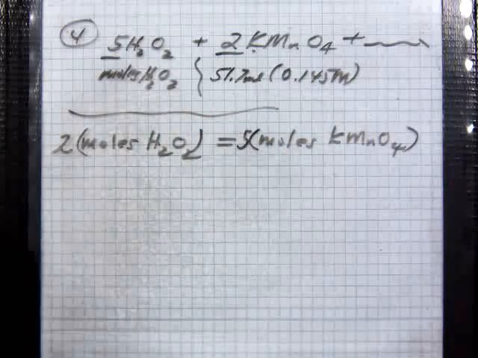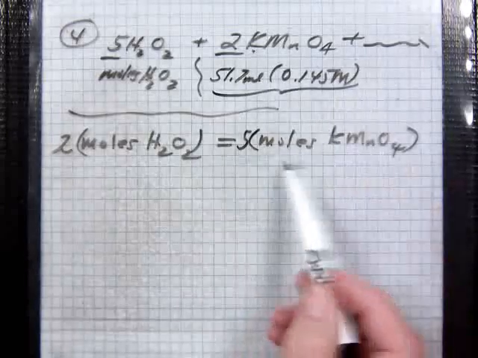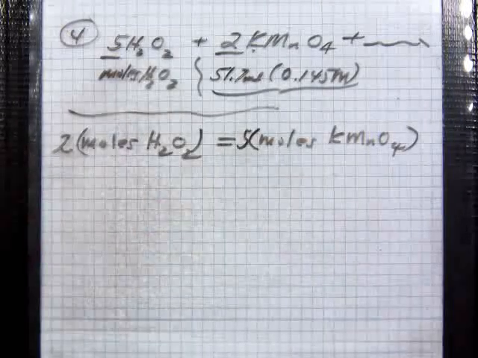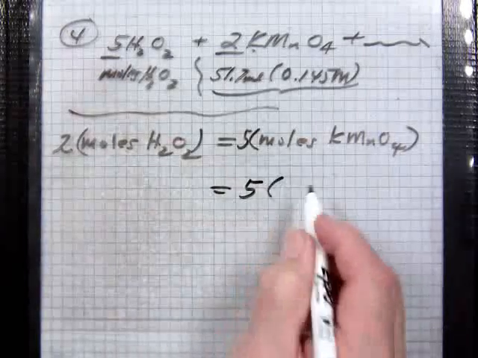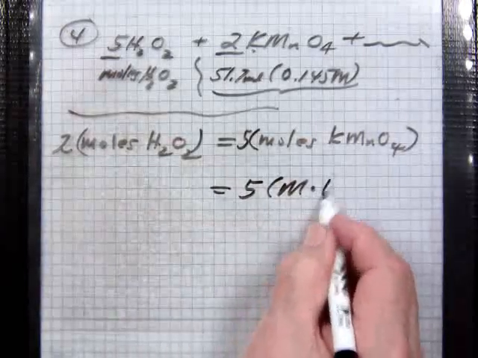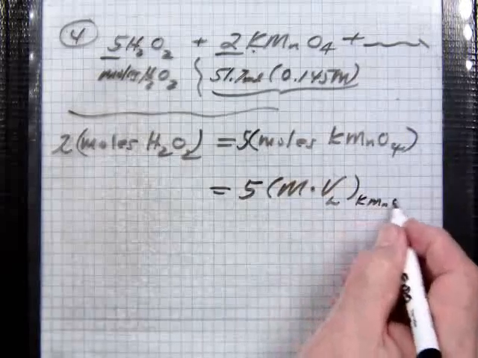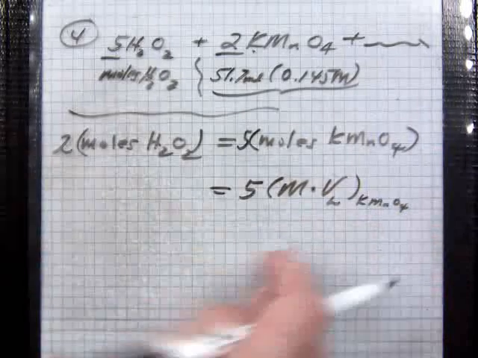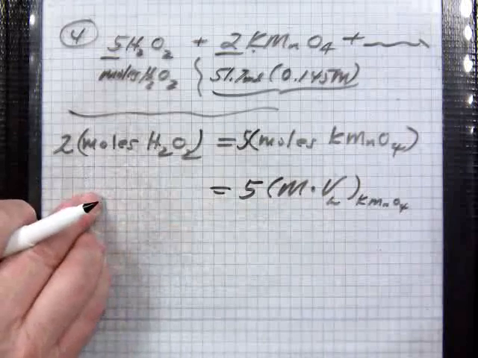Now, this is solution data right here. How am I going to get moles out of that solution data? Remember what I told you? Moles is equal to what? Molarity times volume. So now I have 5 times the molarity times the volume, and it's going to have to stay in liters, and this will be the KMnO4 side. Whatever moles we get out of this relates to the moles of H2O2, and that's what we need.